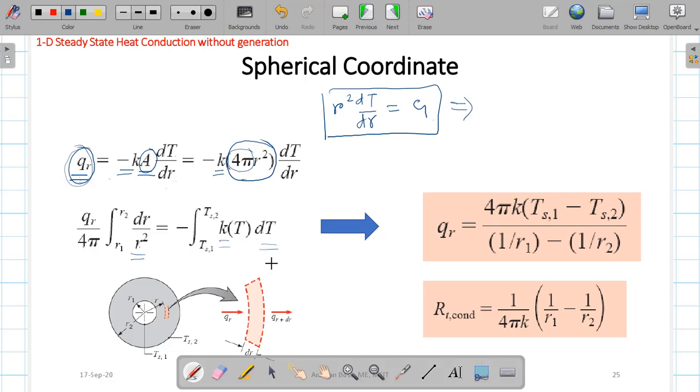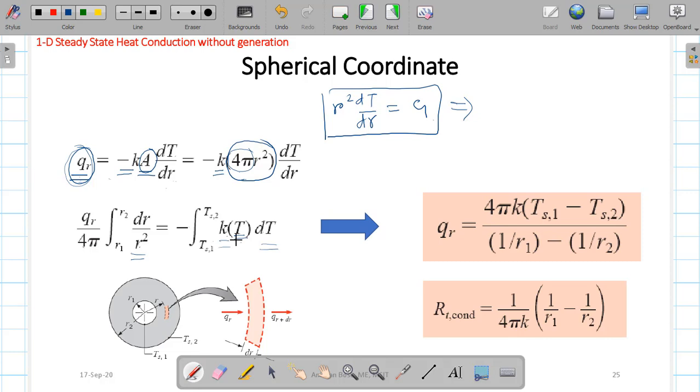In general, K can be a function of temperature, so that function is to be written here, and you can do the integration.